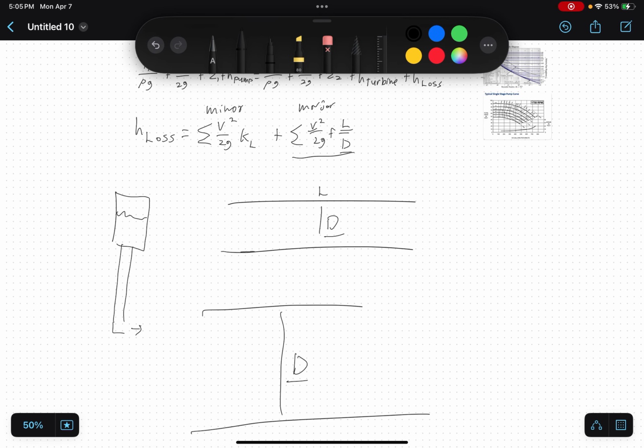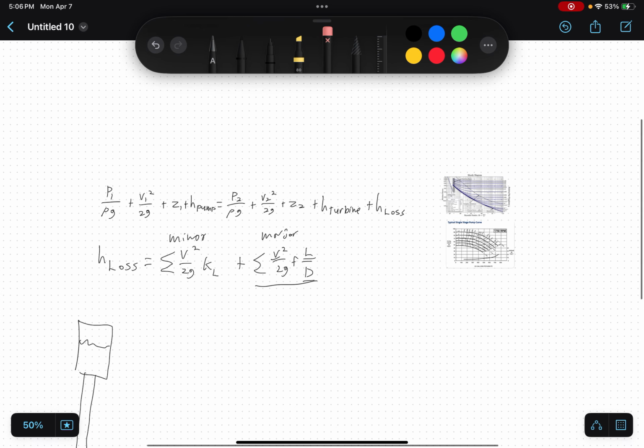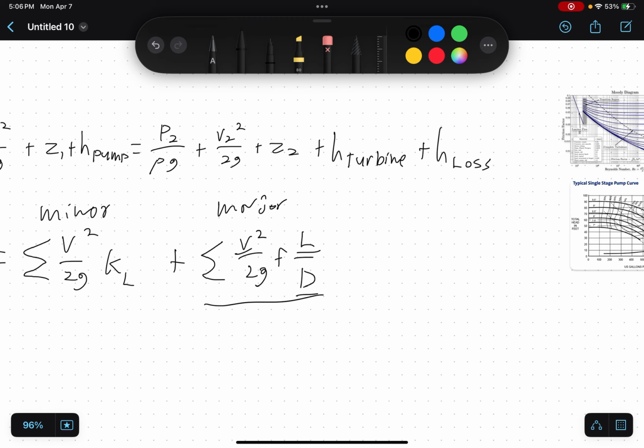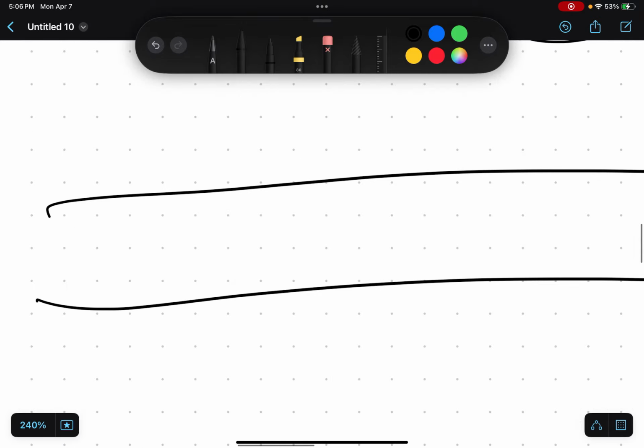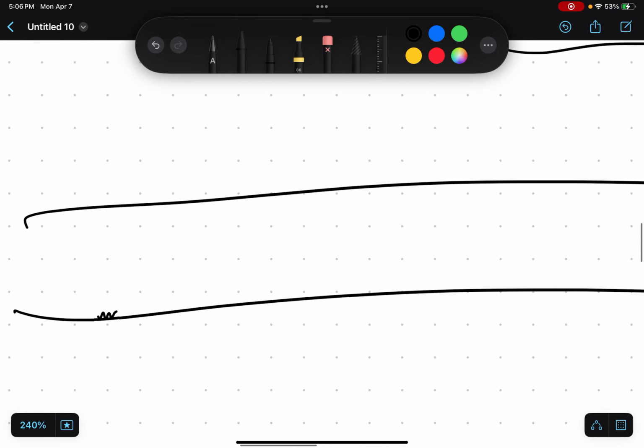So it makes sense that the major loss would increase when the diameter is smaller. And then it's also a function of this f coefficient. If I redraw the pipe with the little squiggles, it's basically how big or how little the squiggles are.